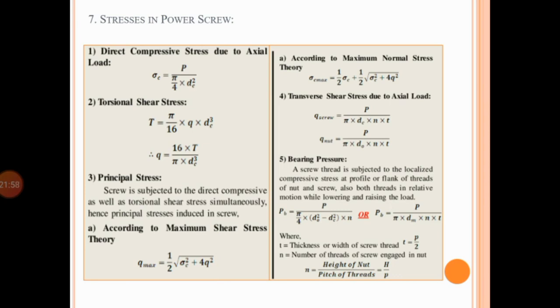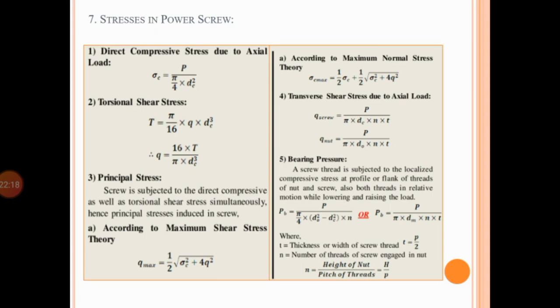In the case of the screw, direct shear stress will be P upon pi dc n t, where dc stands for core diameter, n for number of threads and t for the thickness of thread. Similarly, in the case of the nut, there is a little difference, P upon pi do n t, where do stands for the outer diameter.